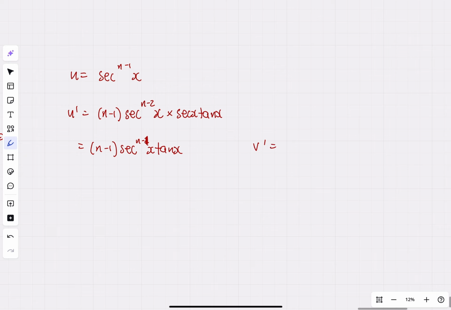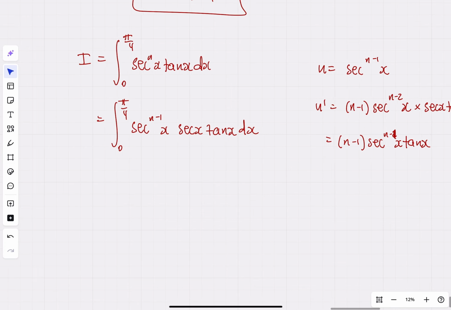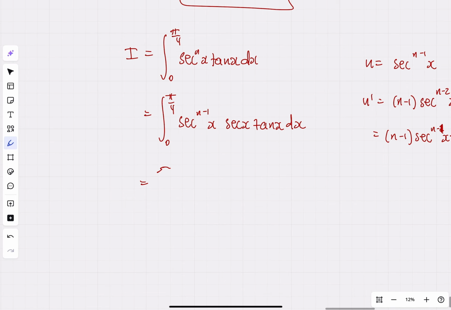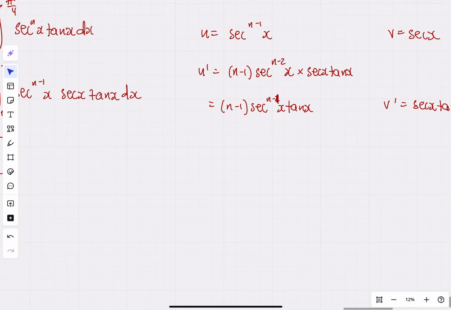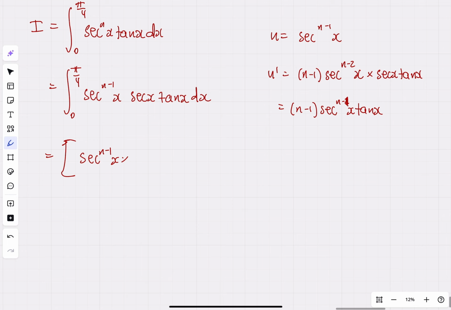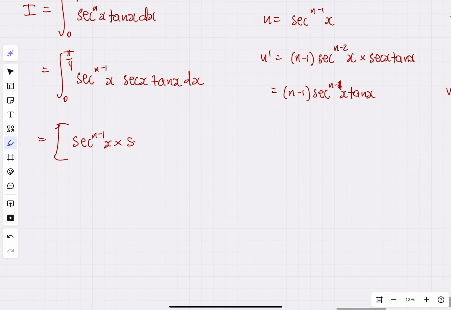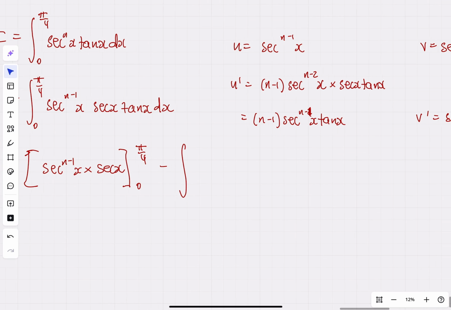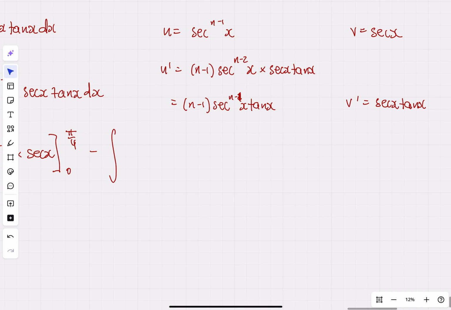We're going to make v dash equal to sec x tan x, so that our v is equal to sec x. And now we can rewrite this integral as our u times our v. So our u is going to be sec to the n minus 1 x times our v, which is just sec x, from 0 to pi over 4, minus the integral of v du.